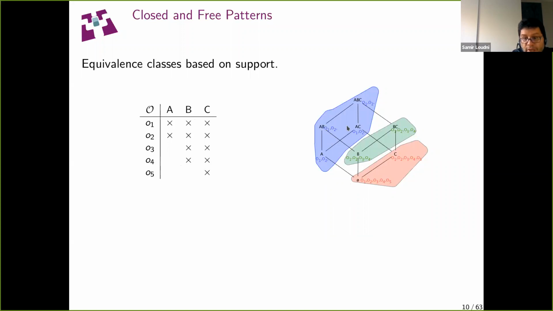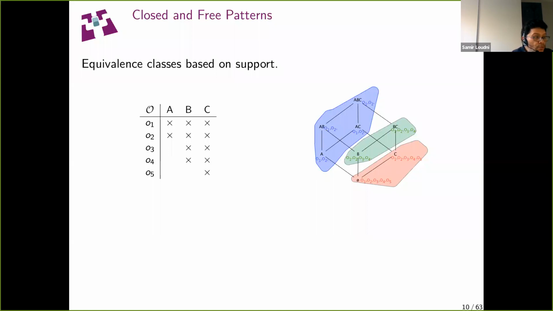The first equivalence class corresponds to the item sets with frequency equal to 2. The second equivalence class is constituted by item sets with frequency equal to 4, and the last equivalence class is constituted by item sets with frequency equal to 5.